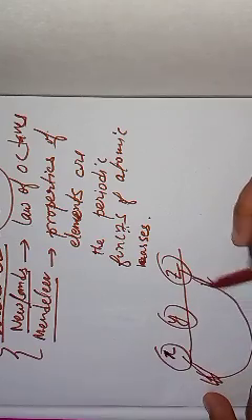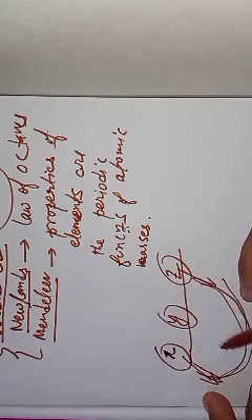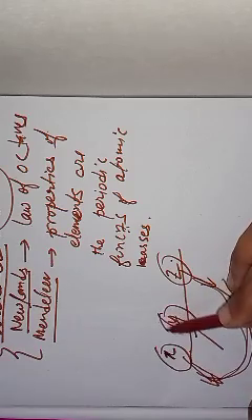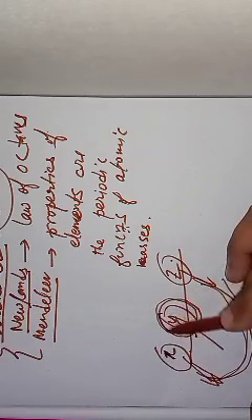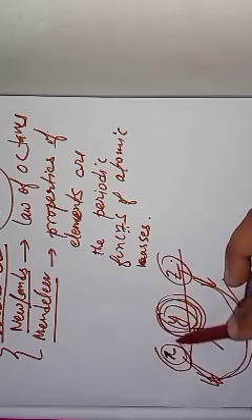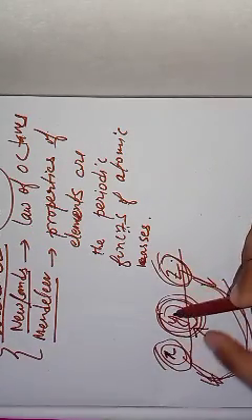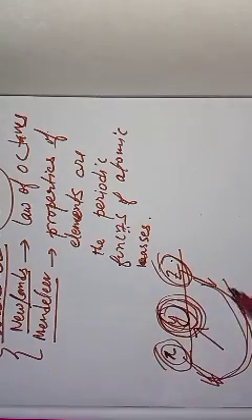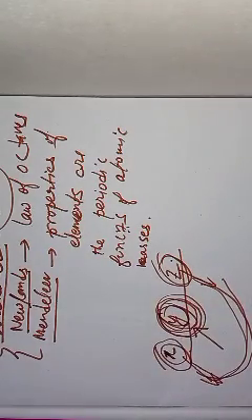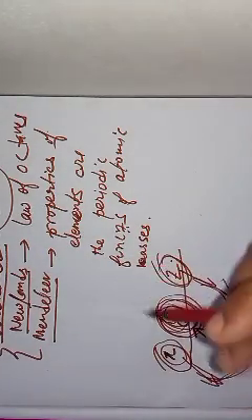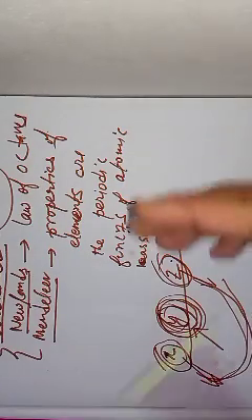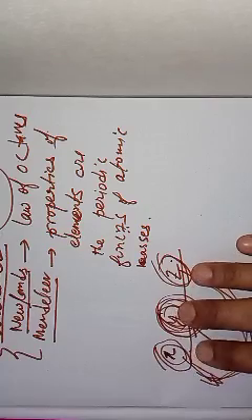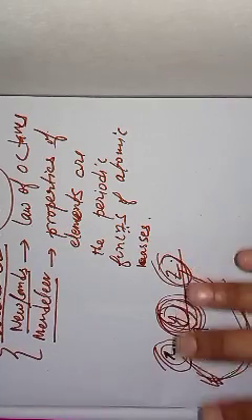If you find the average of the atomic masses of the first and the third element, X and Z, you will get approximately the atomic mass of Y. So this is how Dobereiner tried to arrange elements, but he failed to do so for all of the elements, because you cannot apply the triad rule to each and every element.